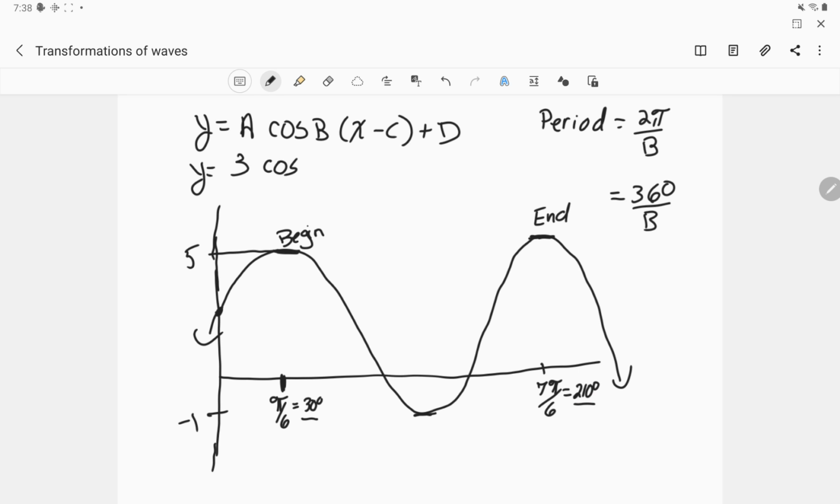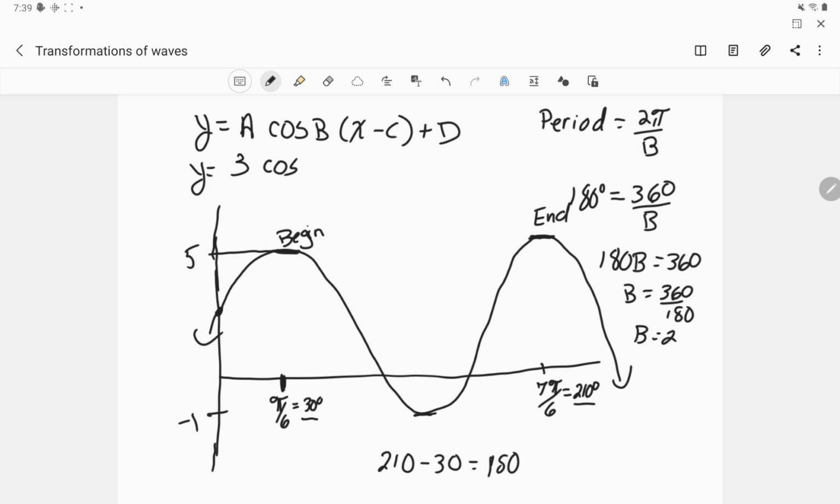Well, 210 minus 30 is 180 degrees. So my period, the length that it takes to go through one full wave, is 180. So 180b is 360. So b is 360 divided by 180. So b is 2. Ha, now I know what goes there.